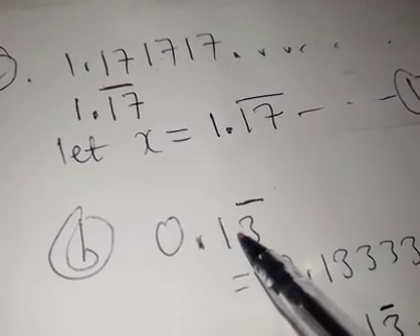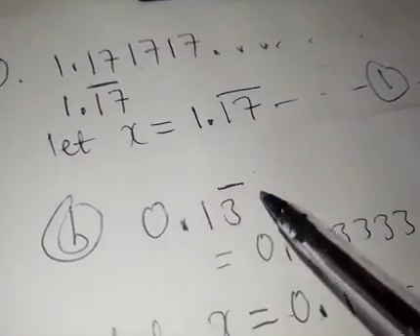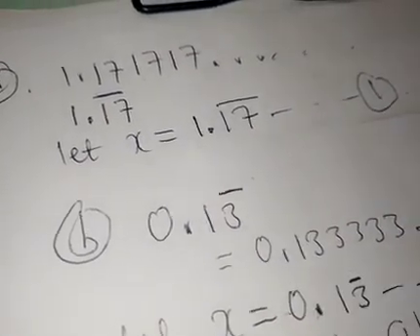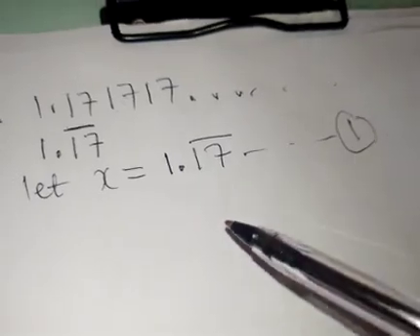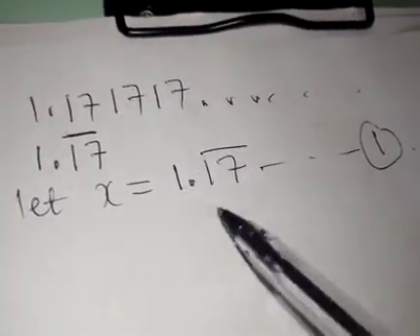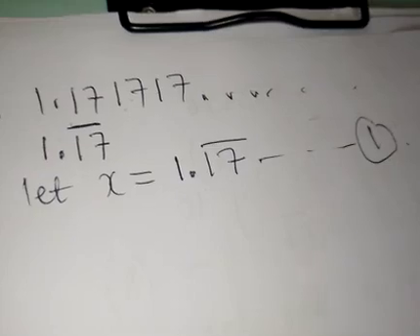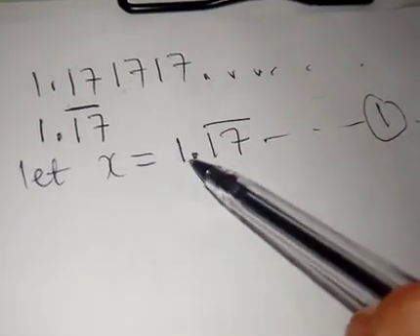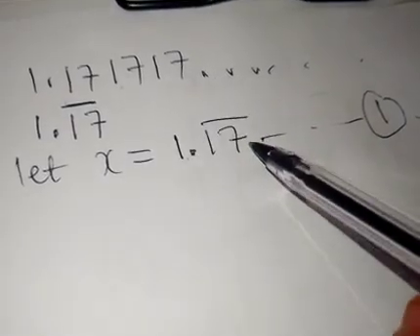After that, you then multiply it by another 10, so that the decimal point comes after the repeating number. Okay. So for this one, equation 1 is just, since this decimal point is immediately before the repeating numbers 1717, the next thing we should do is make sure the decimal point is after the repeating numbers. So it should come there.